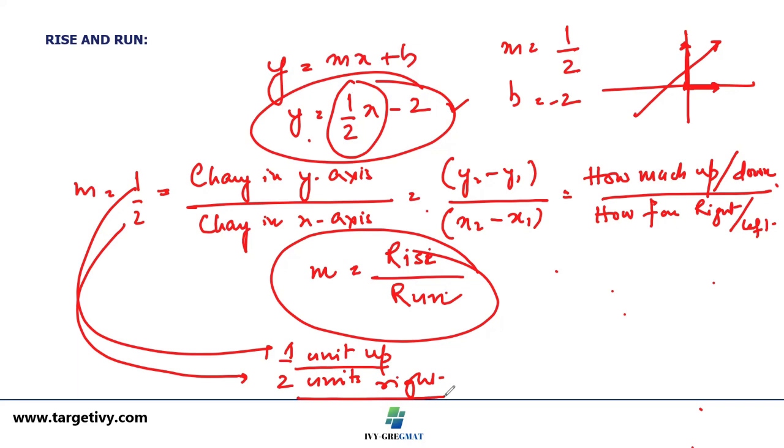The slope will look something like this. For every unit up it goes, it will go 2 units to the right. If this is 1 and just a schematic diagram, if this is 2, it will meet here. So similarly, it will go up like this. Clear?